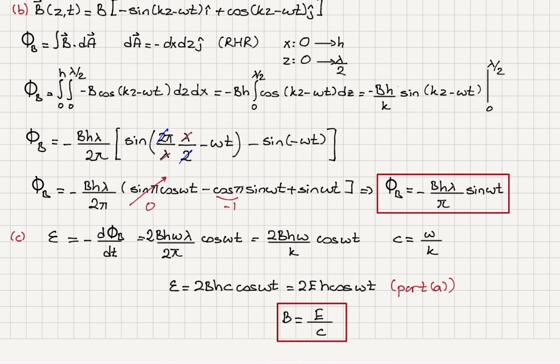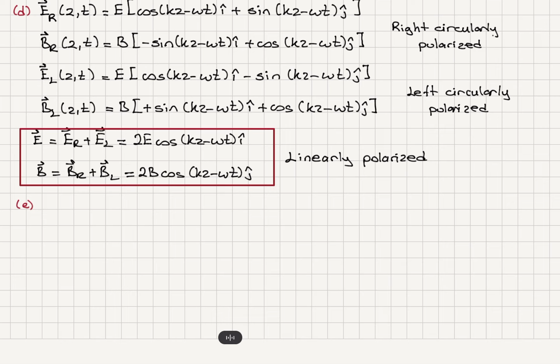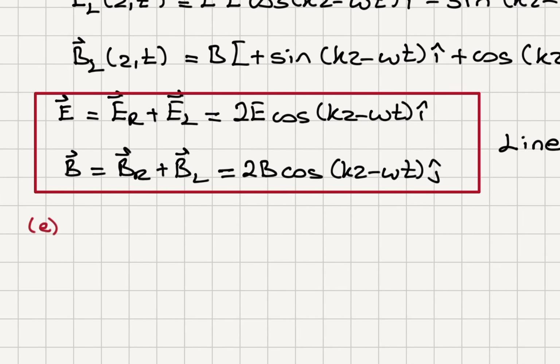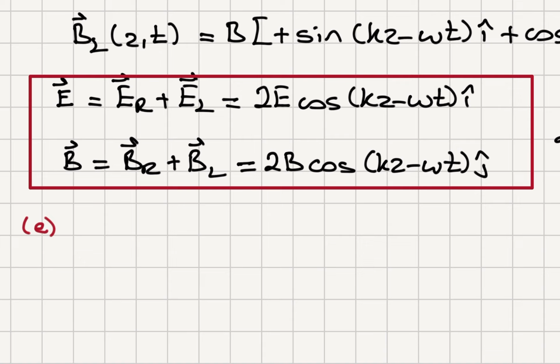All right, so in part E, I'm looking at the right circularly polarized wave. Let me rewrite the right circularly polarized electric field component as a function of z and t.